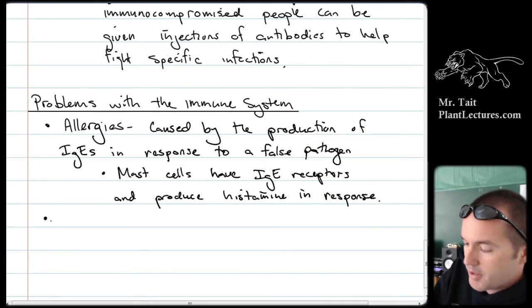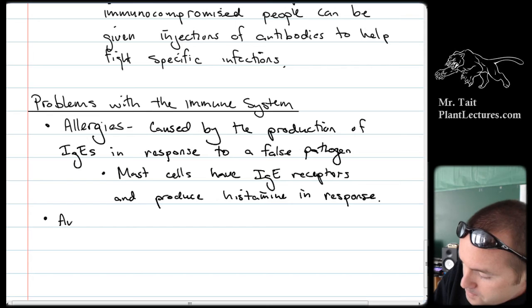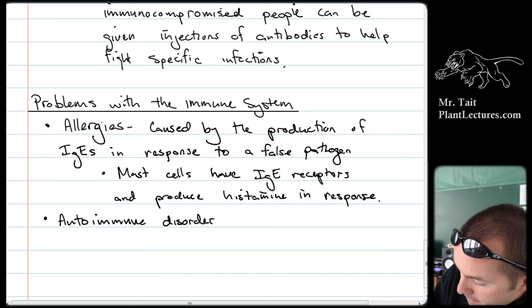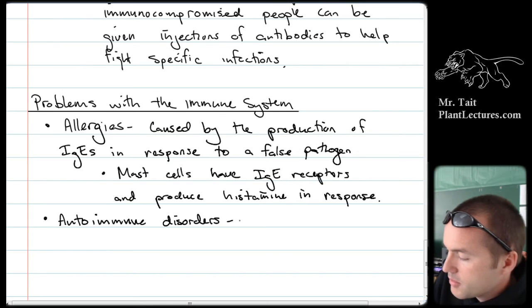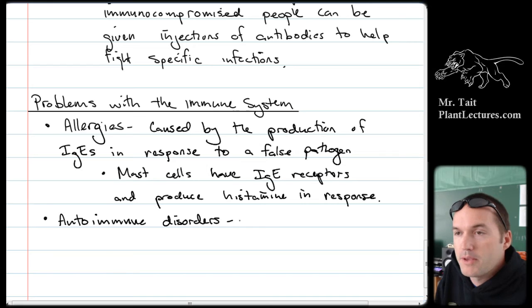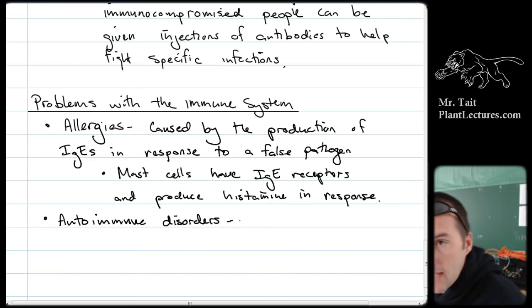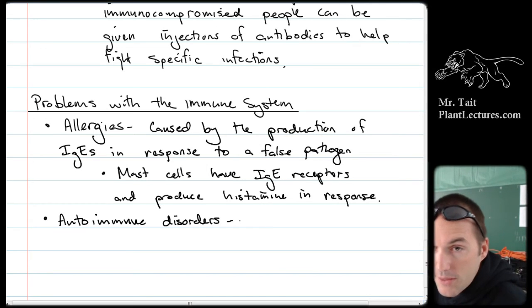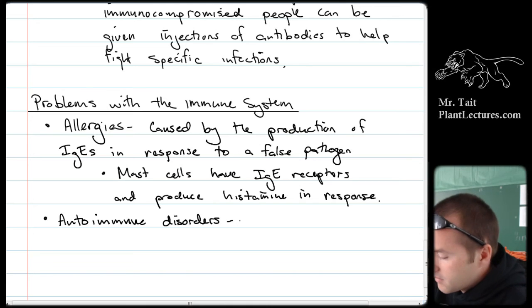But less common are these things that are similar called autoimmune disorders. Okay, and autoimmune disorders refer to when your immune system decides that some cell in your body or some cellular product that you produce is an antigen.